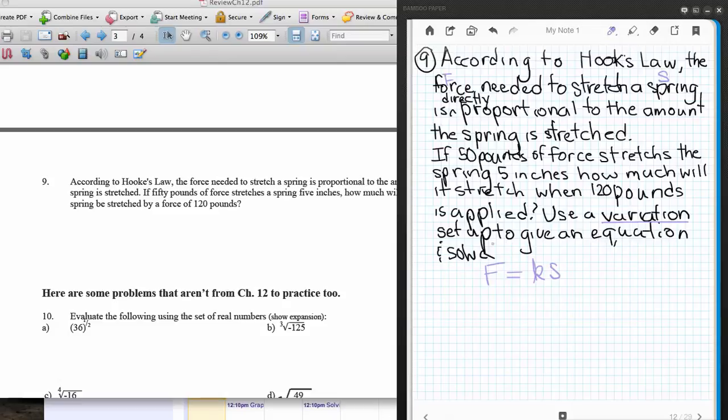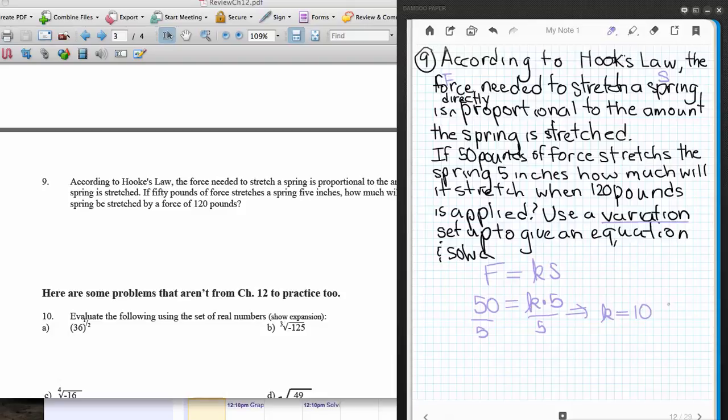So we have the force is 50 pounds, and this is going to give us K times the spring getting stretched 5 inches. So we have this divided by 5, and that's going to be used to solve for K, our constant of proportionality. So K is equal to 10.